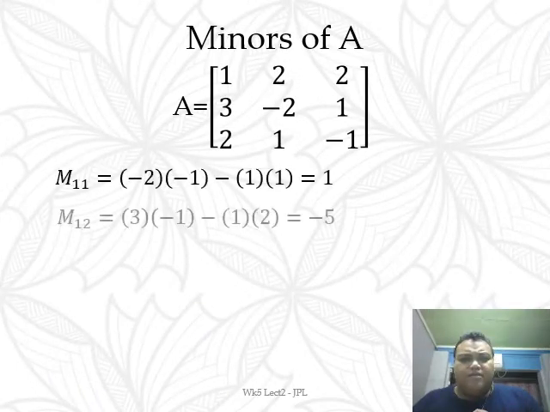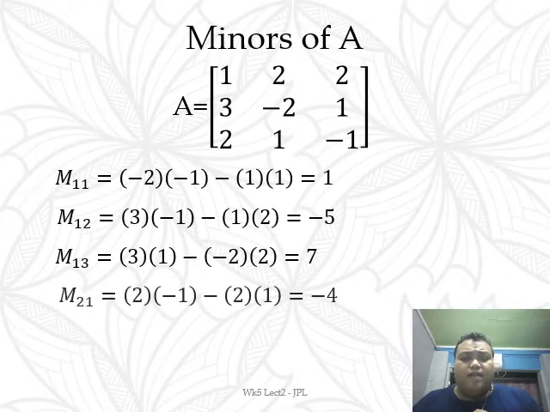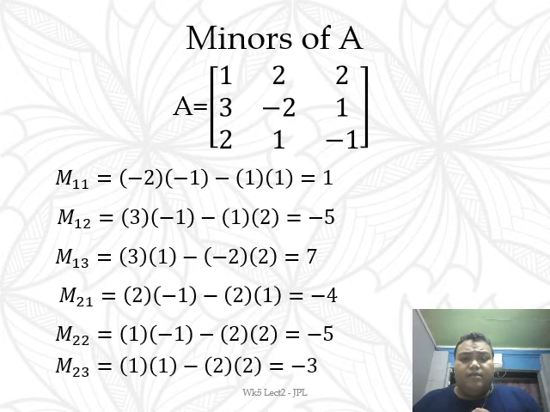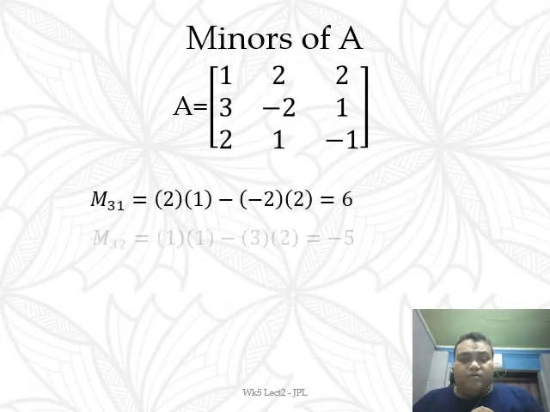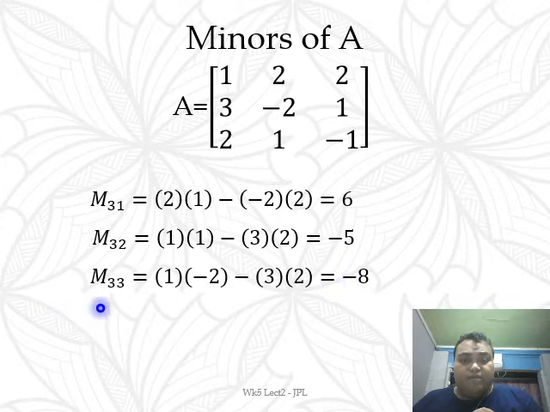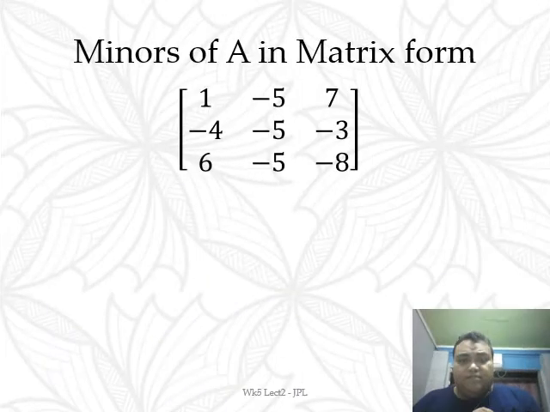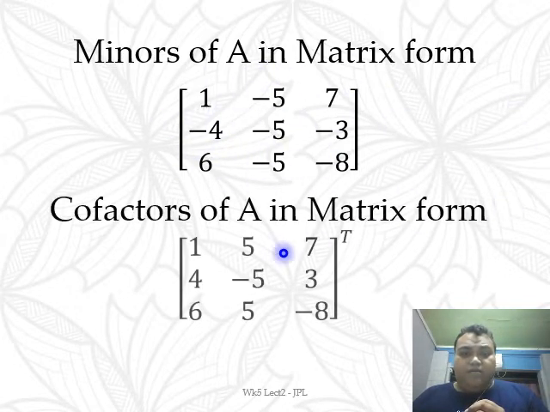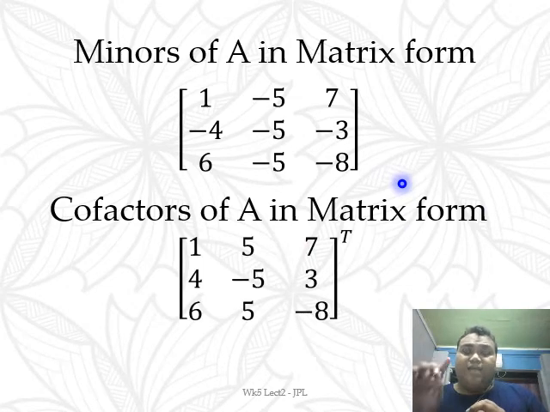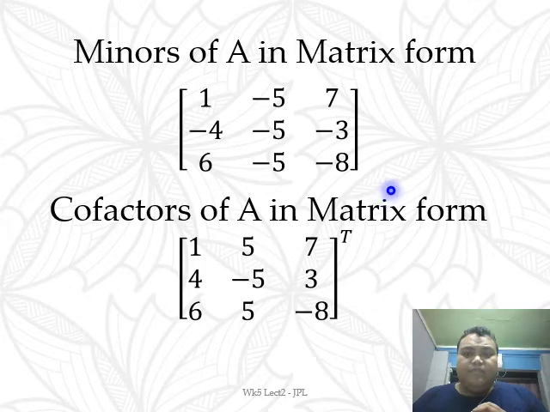We find our minors, M11, M12, M13, all the way up to M33. Then you write it in matrix form like this. And then from there, we apply the pattern of plus minus plus, minus plus minus, plus minus plus.